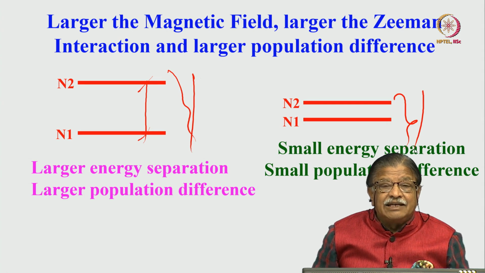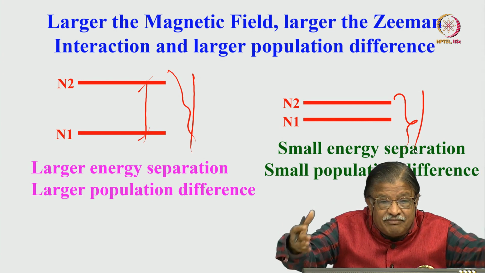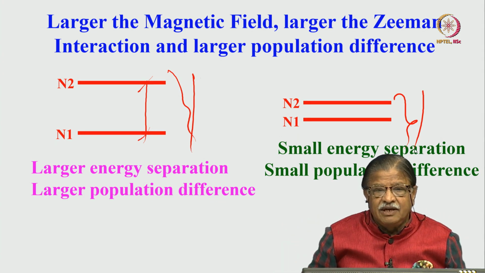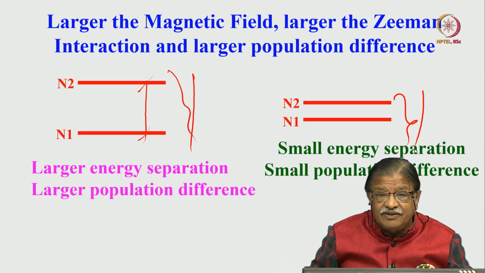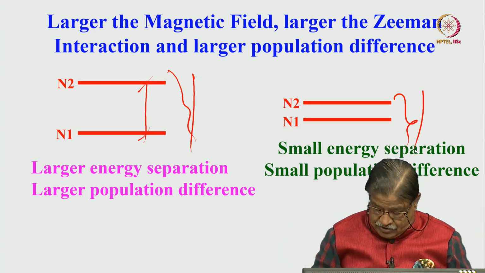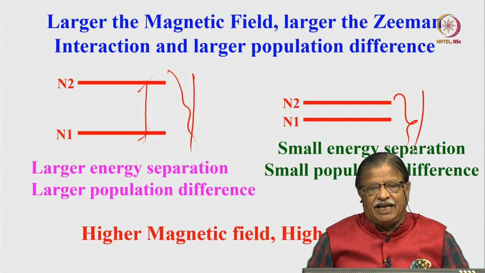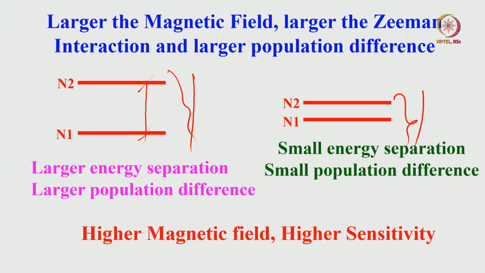So as the magnetic field increases linearly, the energy separation increases, the population difference increases, and the sensitivity increases. Higher the magnetic field, higher the sensitivity. If you want to increase the sensitivity of detection of the NMR signal, you have to go to higher and higher magnetic fields.